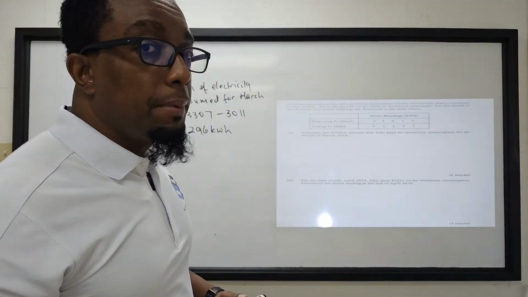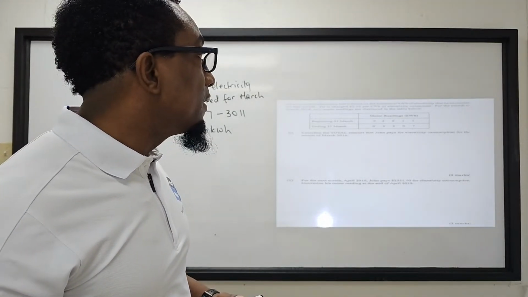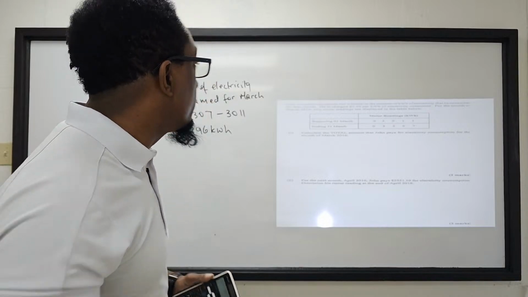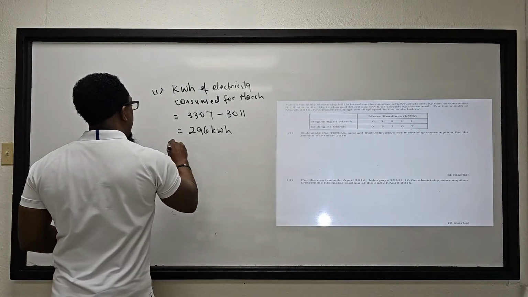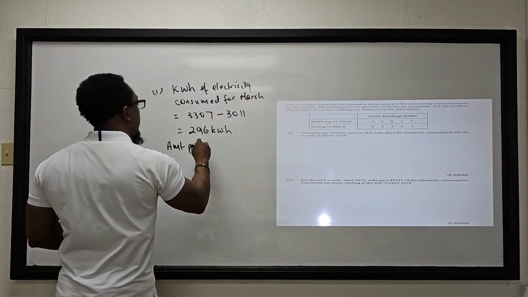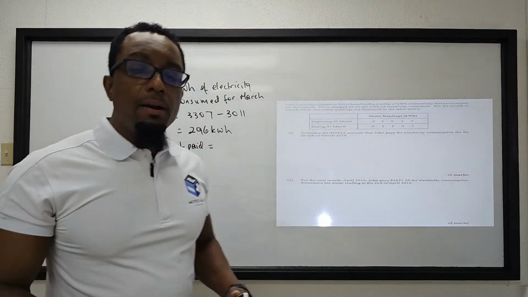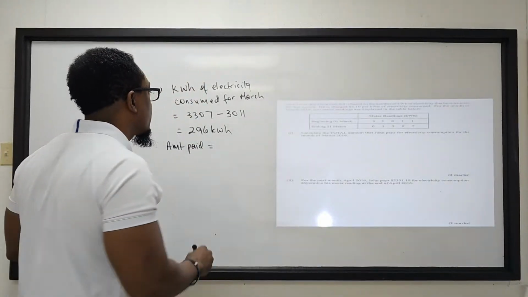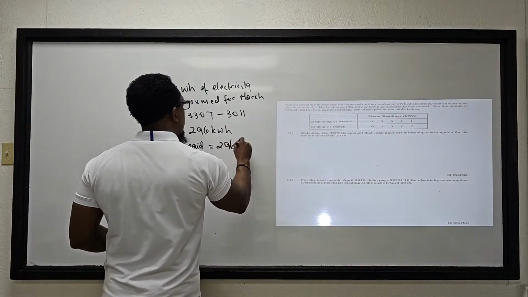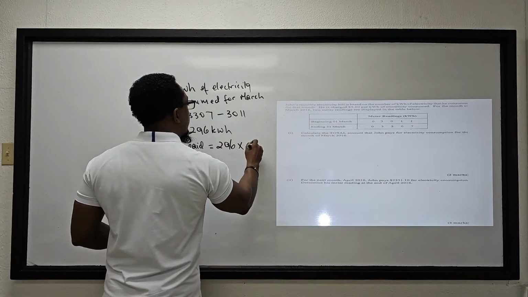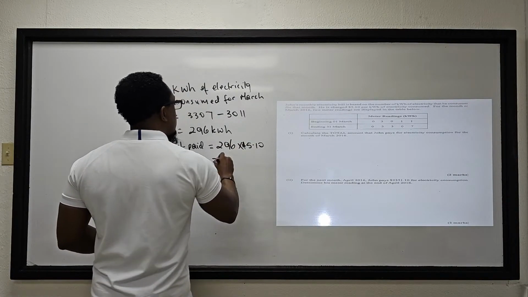So let's determine how much was paid by John in the month of March. The amount paid will be to multiply our 296 kilowatt hours by $5.10.